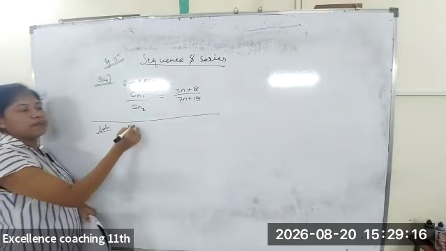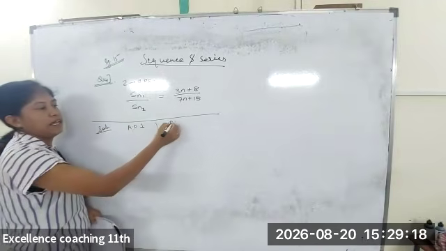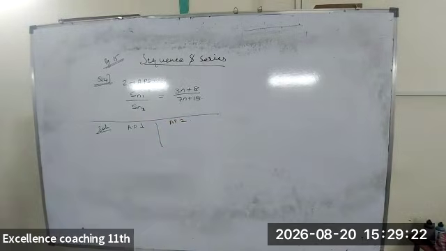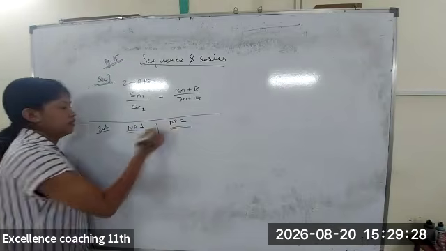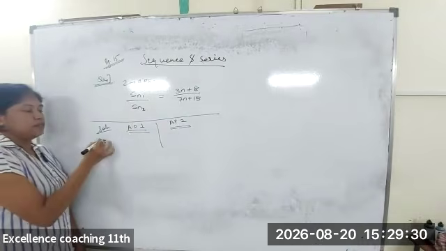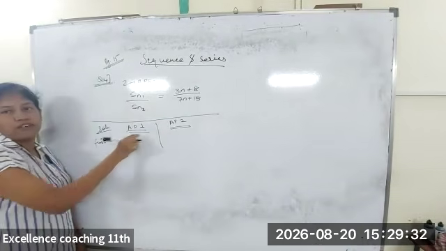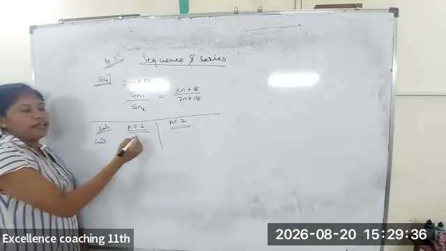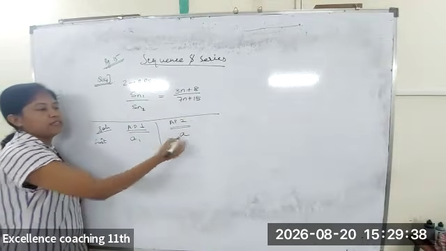There are two APs, AP1 you write this side, AP2. For AP1, the first term, both will not have the same first term. Now this one is a different AP, this one is a different AP. We'll name this A1, and this as A2.